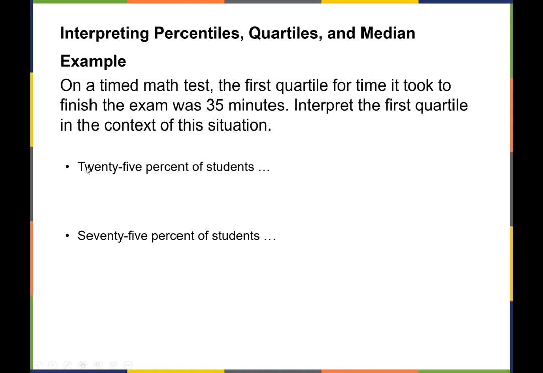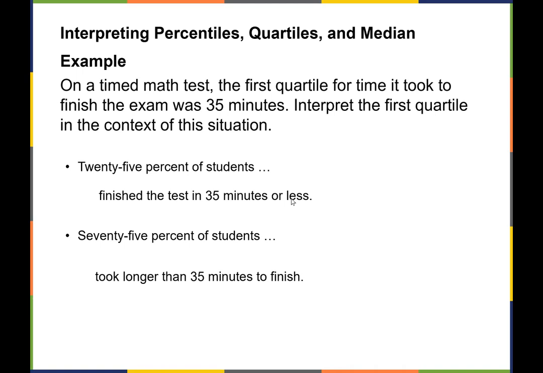Well, it means that 25% of students finished the test in 35 minutes or less. The first quartile tells you from the smallest amount of time up to the 25th percentile. So 25% of the students fall into that category. 75% of the students took longer than 35 minutes to finish. Remember, it breaks into 25ths. So if we were thinking about the list of data values, we don't know what they are.